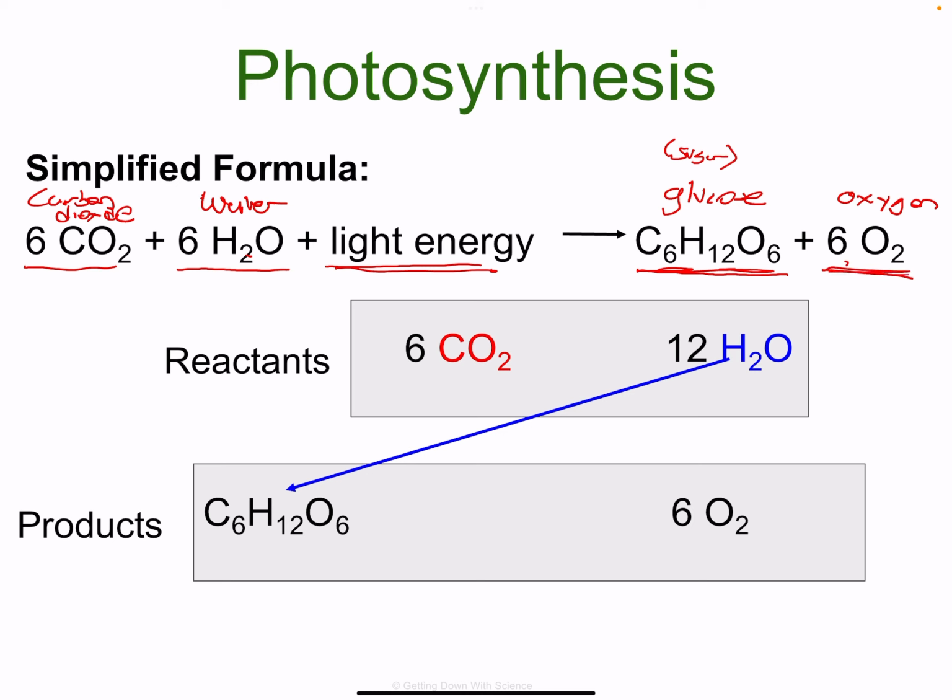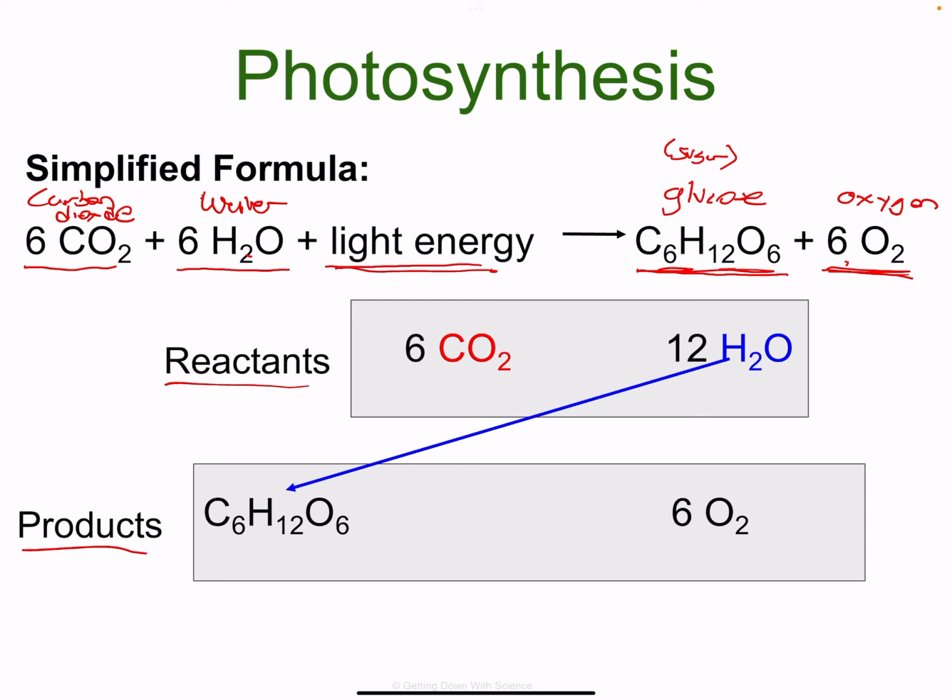That is your formula. You have to know the formula, everyone, because likely you're going to get a question on the Regents where they give you a question about photosynthesis, ask you to describe the formula. They may ask you to explain what the reactants are as well as what the products are, right?